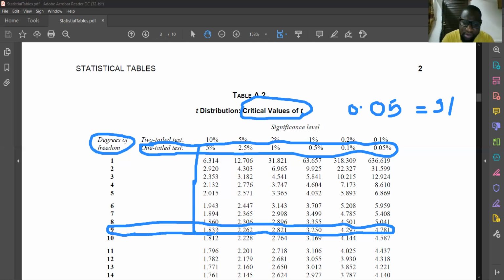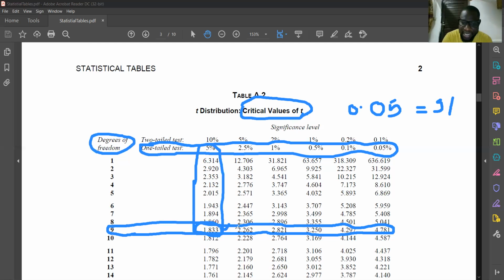And we knew that we are supposed to select one of these values here. So this is the value that we have to select, which is 1.833. We have no other option than to select 1.833 because we are selecting the 5% level of significance and our degree of freedom is 9.